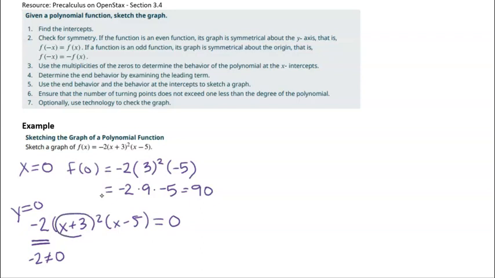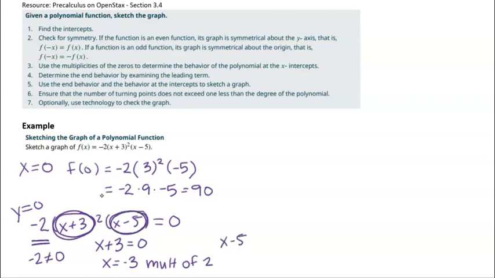I do have a repeated linear piece here. So x being -3 is going to be one of my zeros, and it has a multiplicity of 2. And then I have another binomial term. It's a linear term, and that's going to have a multiplicity of 1.